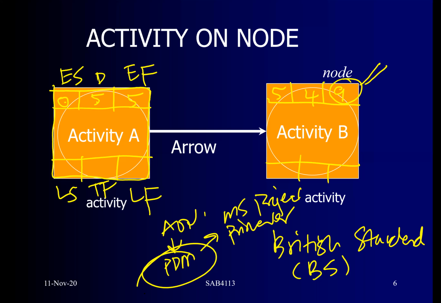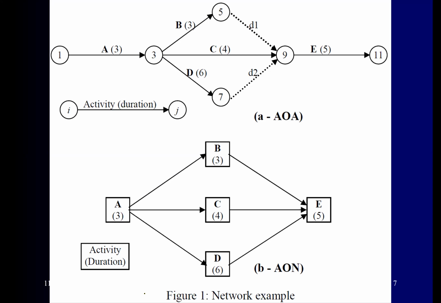Okay, because for a simple network diagram, which basically uses a finish to start relationship, drawing using AOA diagram is sufficient enough. Okay, all right, this is an example.